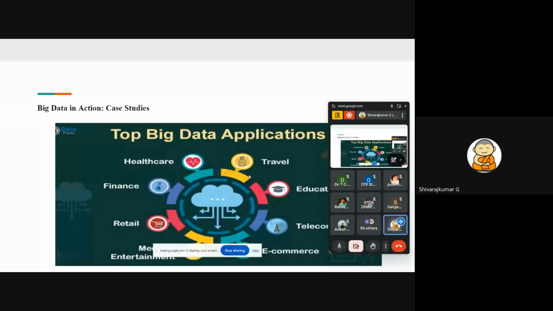Here, when we see the top applications of big data, there are different sectors. One by one we will see how big data will be useful in these sectors. In healthcare, nowadays, as I said about smart watches, big data is useful to provide personal healthcare.